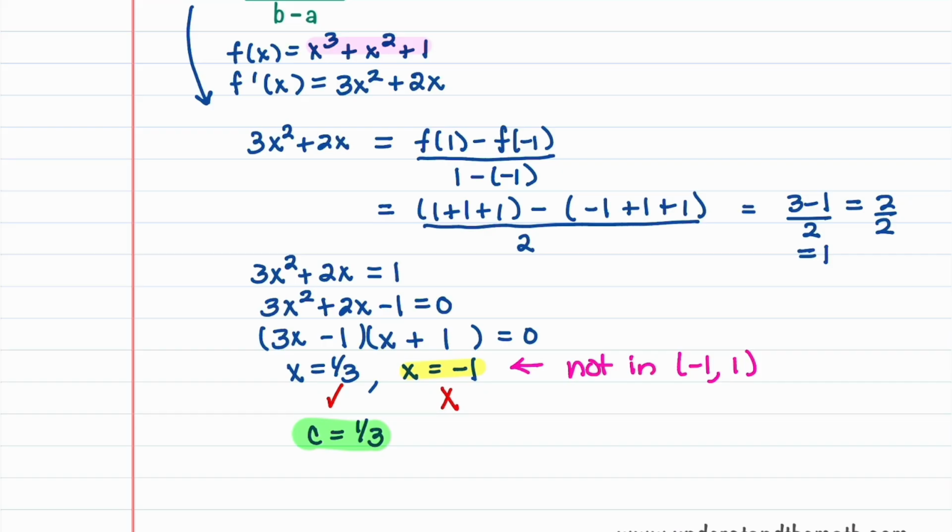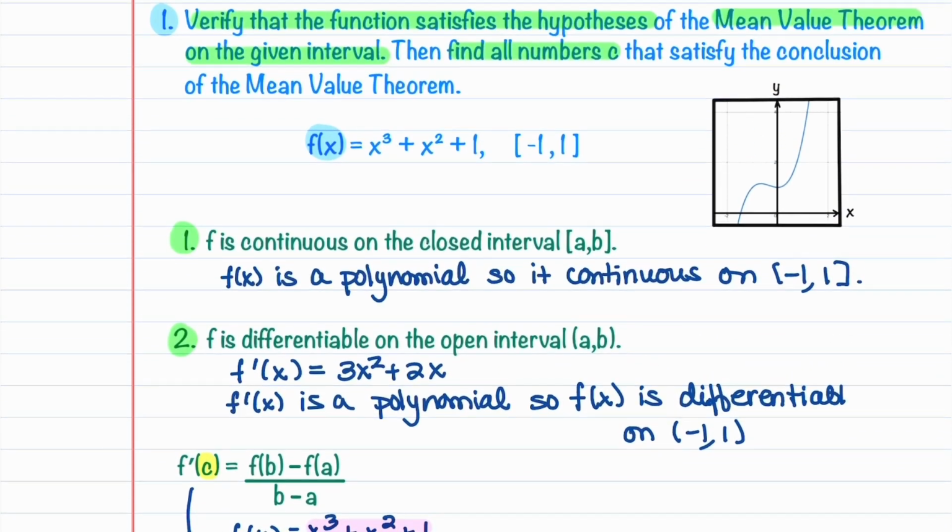Now let's take what we just found and let's go back up to our graph and see if it makes sense. Here is our function value at our left endpoint. That's at negative 1. And then at 1, let's see, it's up here. That is our function value at our right endpoint. And the mean value theorem tells us that the average rate of change, that's represented by the slope of the secant line, is equal at some point to the instantaneous rate of change.